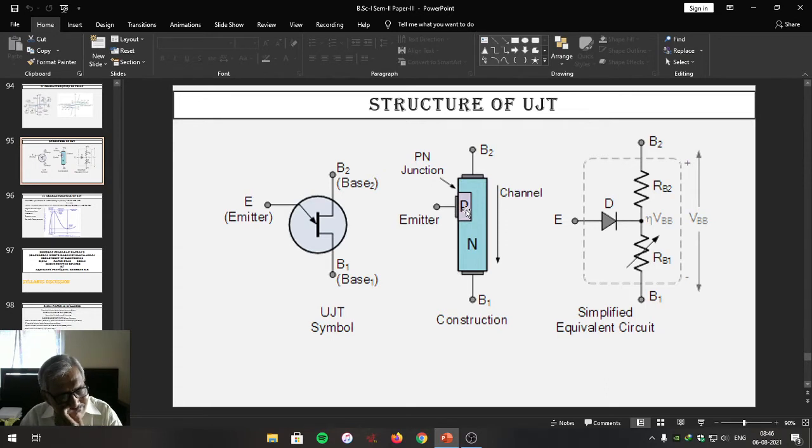Due to doping of this p-type semiconductor, a junction is formed between the p-type and the n-type semiconductor. So this is the junction formed between p-type and n-type semiconductor. That is the reason why it is called a uni-junction transistor.